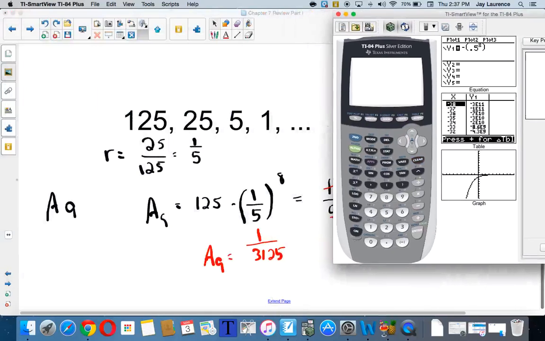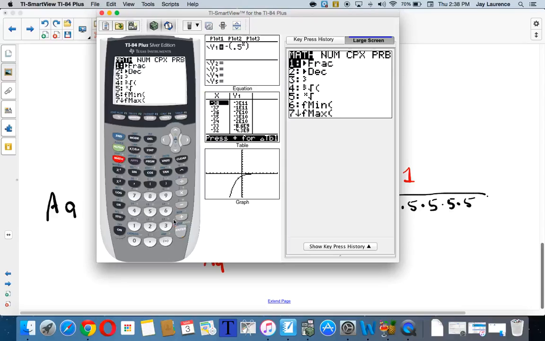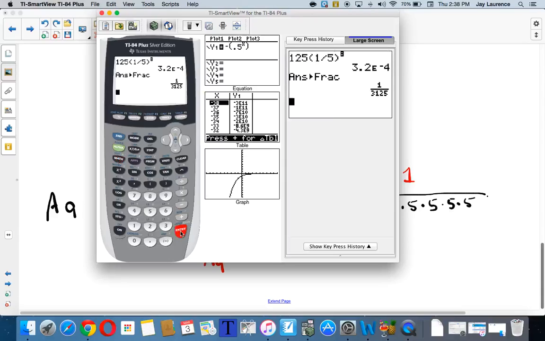I should have 125 times 1/5, and we're going to raise that to the 8th power, I think, right? And we got this weird scientific notation number, okay? I don't think it's going to let me do a math frac on it because it's in scientific notation, but I'll try. Oh, it did. Excellent. So 1 over 3,125, and there you go.